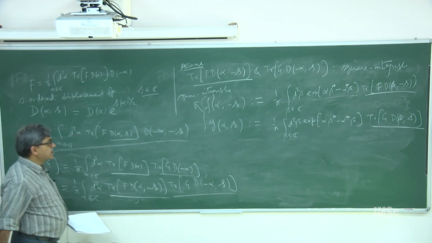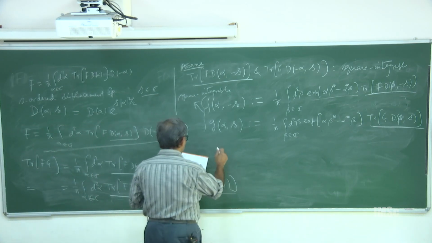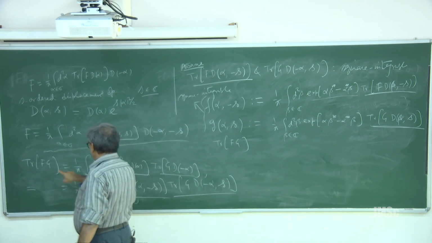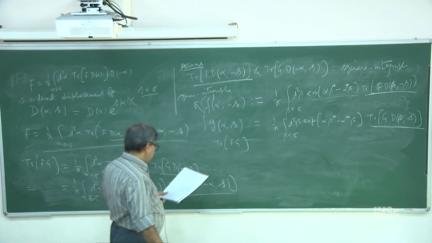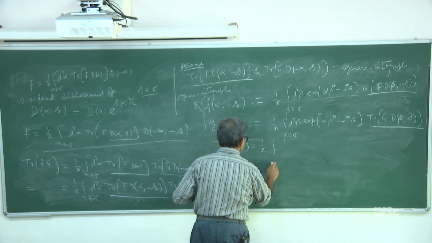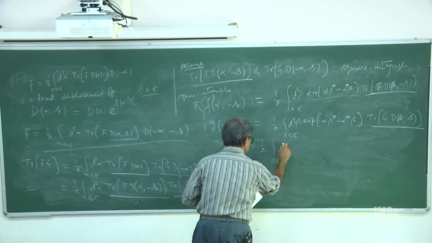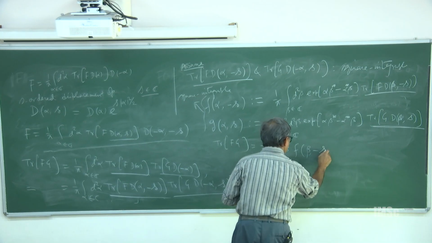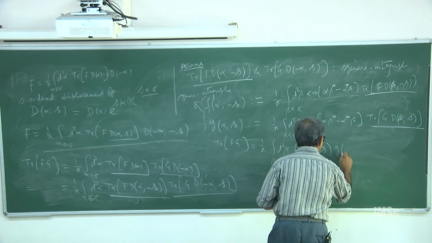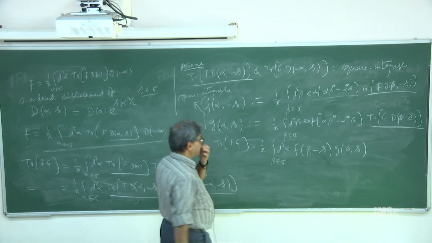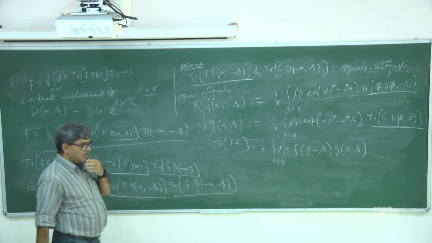And you know that using the formula for Fourier transform, we have expressed trace of f g in this form. You can also express it in terms of the Fourier transform: F of beta minus s times g of beta plus s.